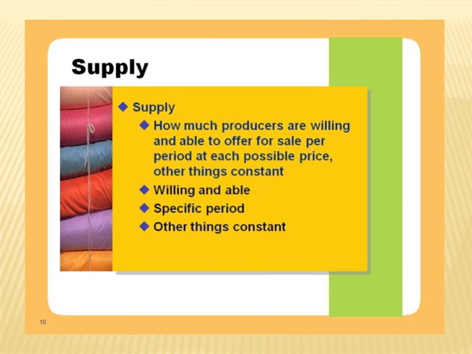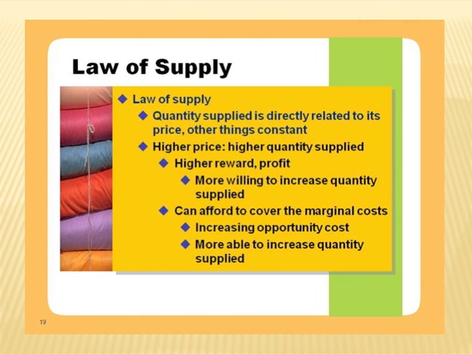And other things constant refers to exactly what we saw on the buyer side, and that is that there are non-price determinants. There are things other than price that affect this behavior. We are right now, however, confining ourselves to price and price only. And now we see that the behavior is exactly the opposite of what we saw on the demand side. Now the quantity supplied and price are directly related.